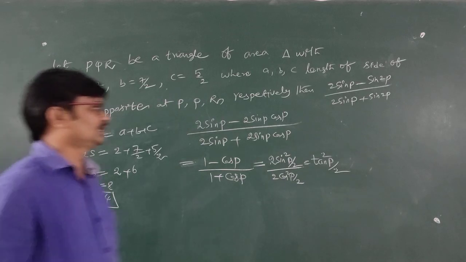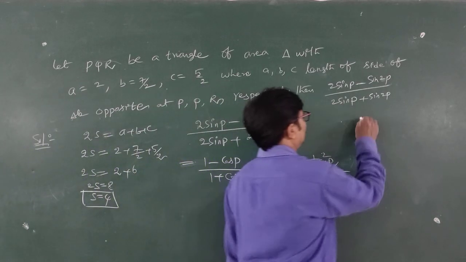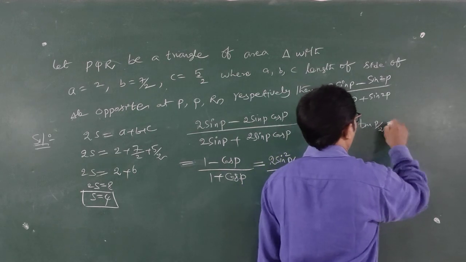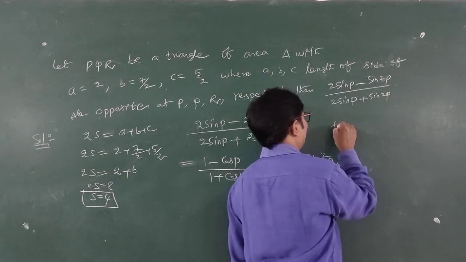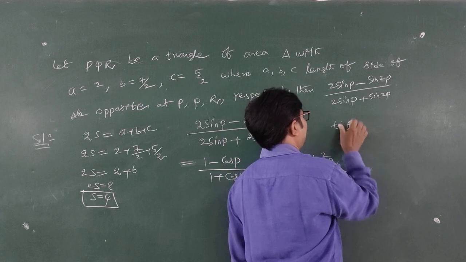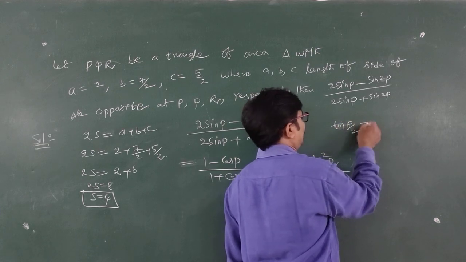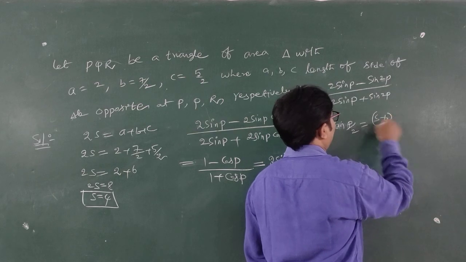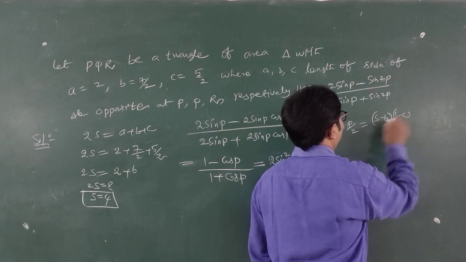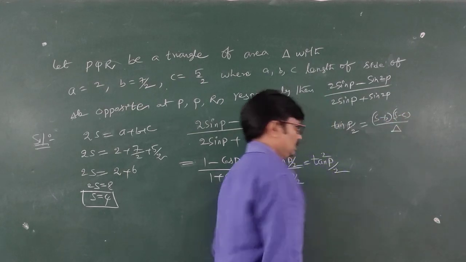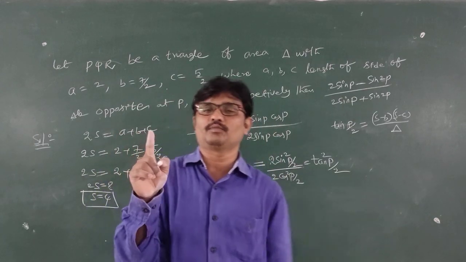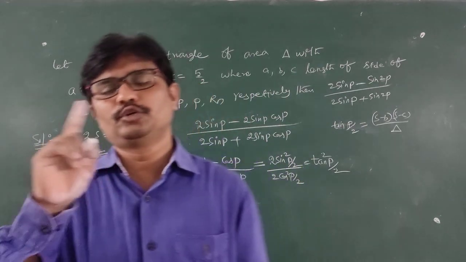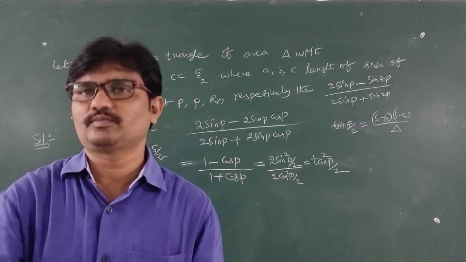My dear students, we have to know the formula for tan of p by 2. Everybody knows tan p by 2 is nothing but tan of A by 2, that is s minus b, s minus c by delta. And one more formula is there, root of s minus b into s minus c by s into s minus a.